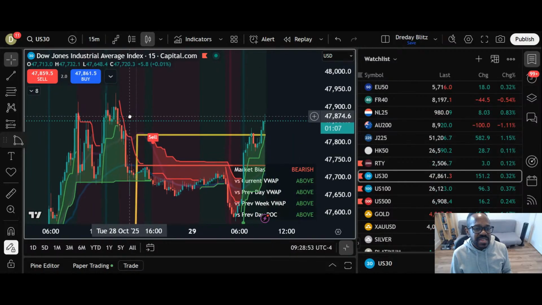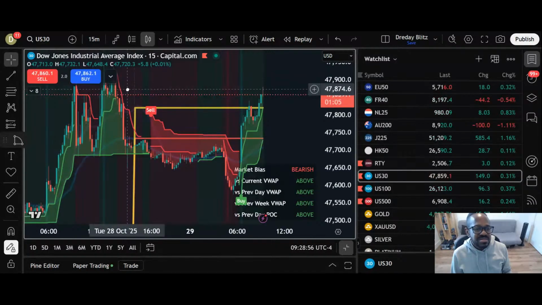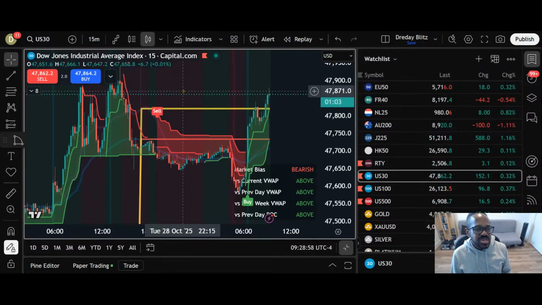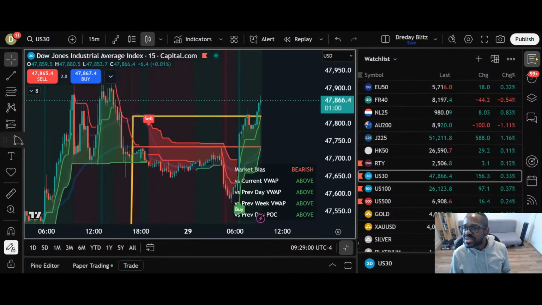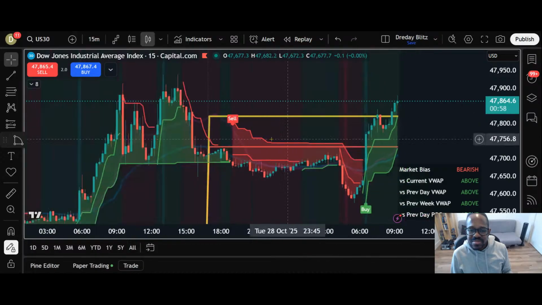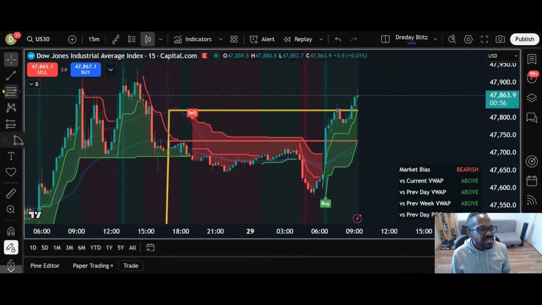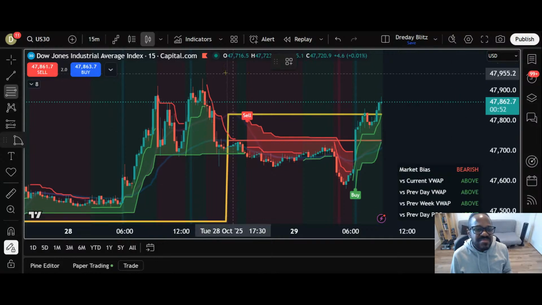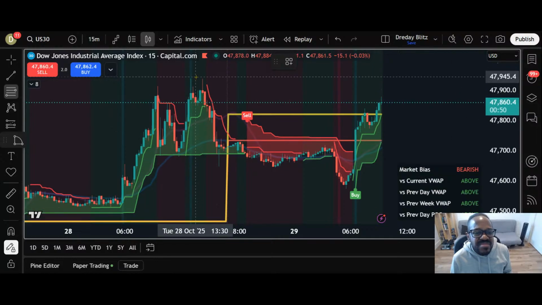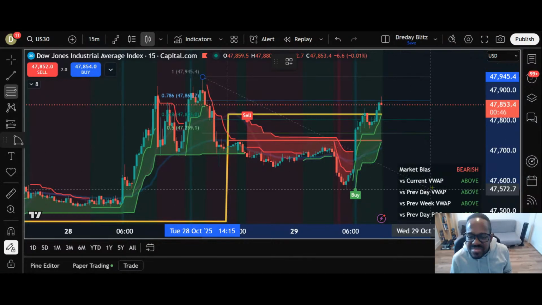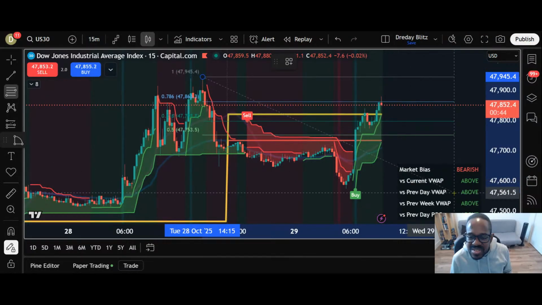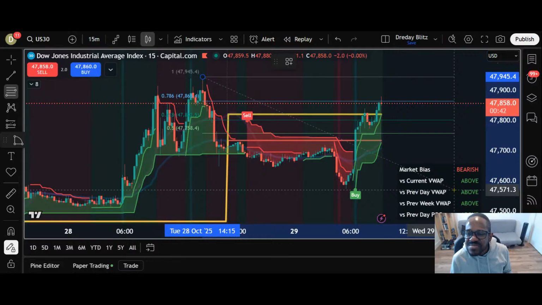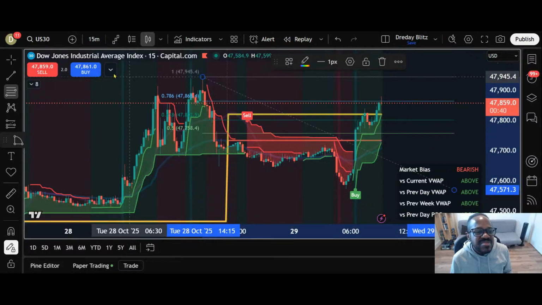So if we look at the latest swing high to swing low, we're gonna analyze that right now. Swing high to swing low. We're already at 78.6.